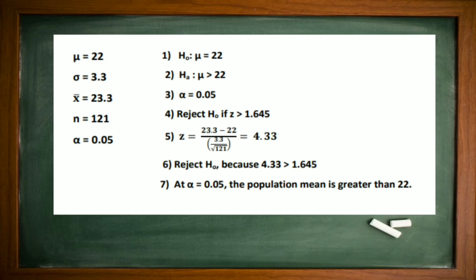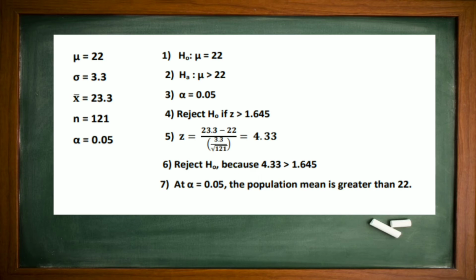We have reject the null hypothesis if Z is greater than 1.645. Kasi po, dun po sa steps natin, nakalagay doon na kung right-tailed yung gagamitin natin, we have to reject the null hypothesis if Z is greater than Z alpha.